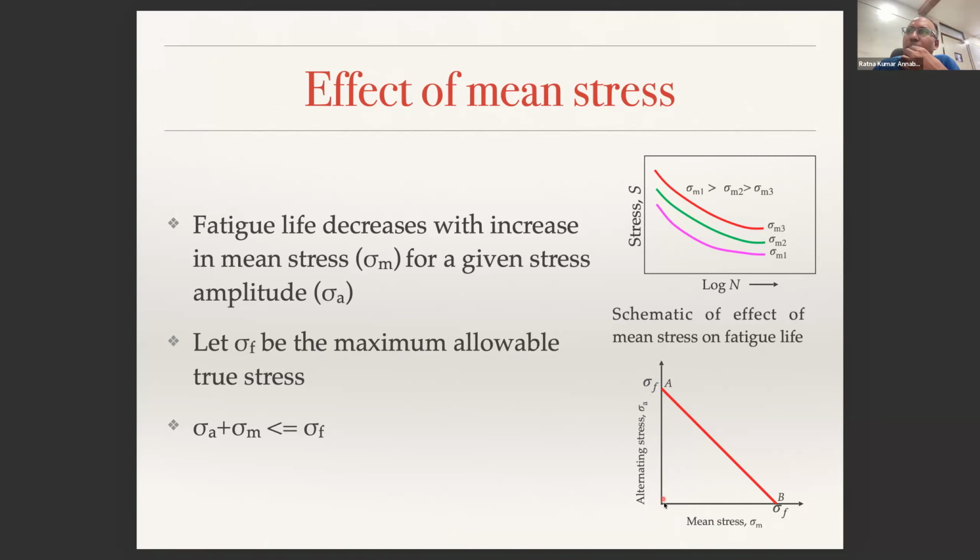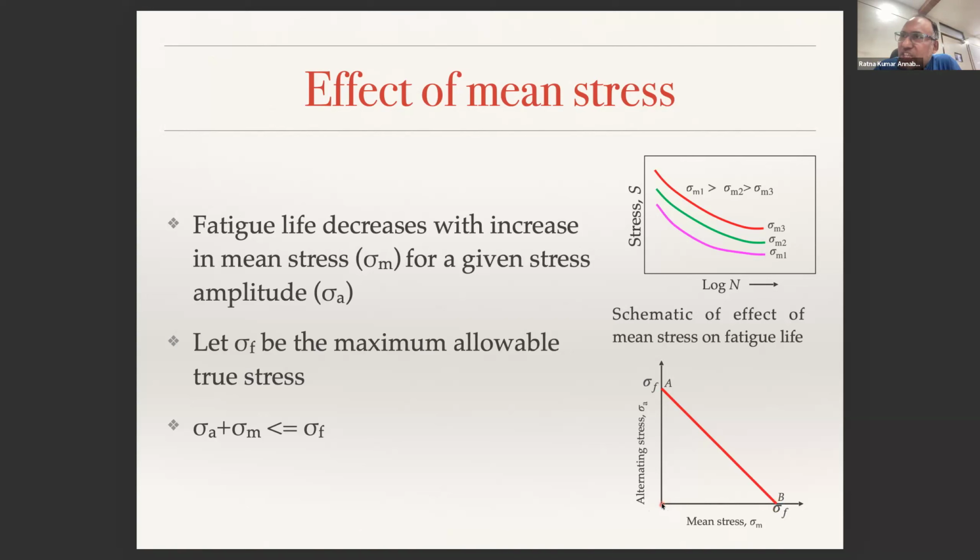Static load. When you have static load, when will the material break? At the yield point or ultimate? The ultimate tensile point. So when the stress amplitude is 0, this point corresponds to the ultimate tensile strength of the material.